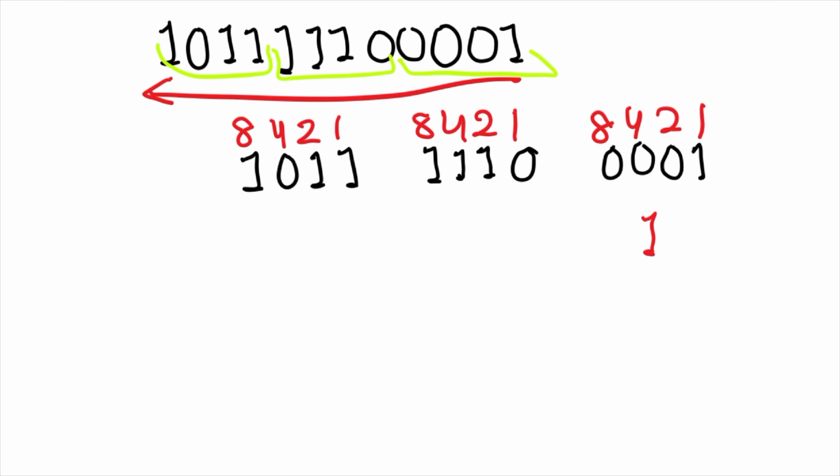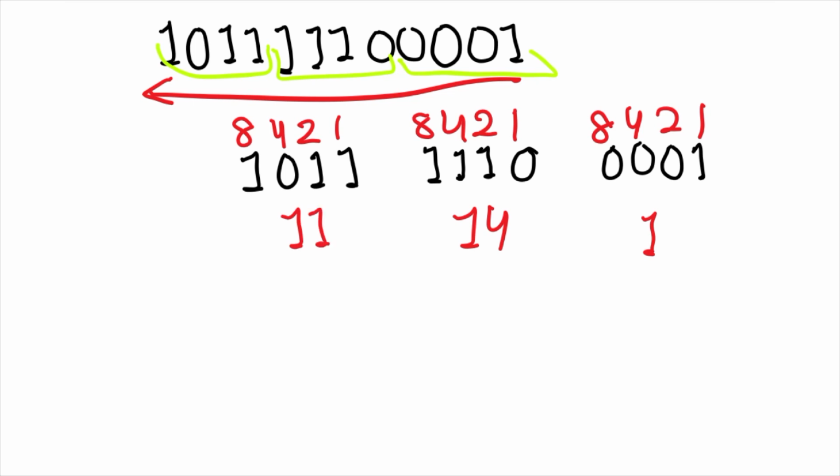For the second group, we know that 8, 4, and 2 are above 1s. So we add 8, 4, and 2, and we get 14. For the last group, the numbers 8, 2, and 1 are above the 1s. So we add 8, 2, and 1, and we get 11.